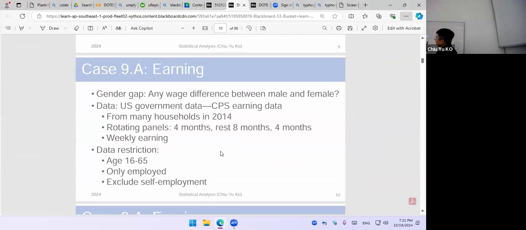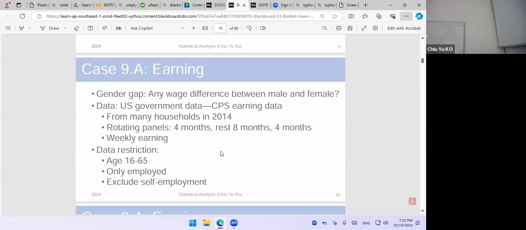After the break, we'll go into a case study looking at how earning wages are explained by the gender gap: whether men and women make different money, and whether there's a real difference.